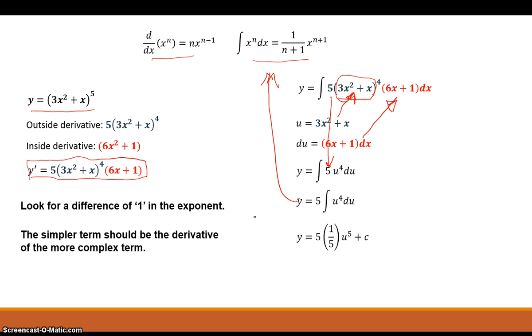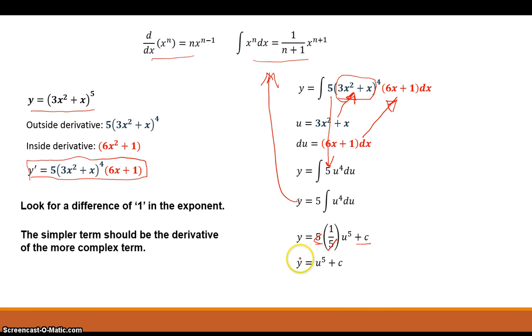So we have here that y is equal to 5, that original constant, times 1/5, which is just the new exponent, times u raised to the fifth, plus c. So our 5s are going to cancel. That's going to leave us with y equals u to the fifth plus c.